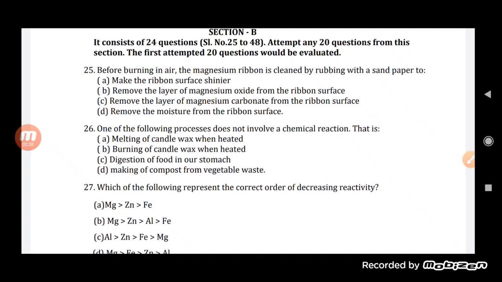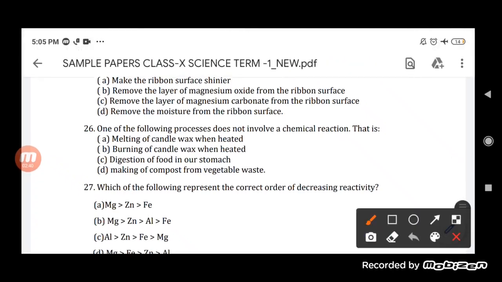So before burning in the air, the magnesium ribbon is cleaned by rubbing with sandpaper. It helps in removing the layer of magnesium oxide from the ribbon surface. Yes, because there is a formation of an oxide, and that can be removed with the help of sandpaper here. So the correct option will be C1, in which the magnesium oxide will be removed.